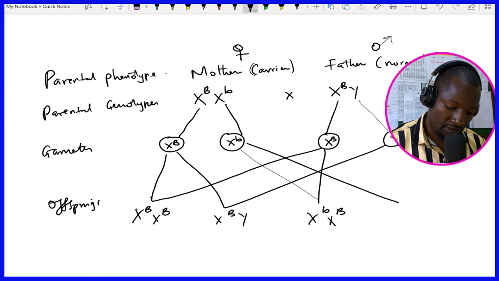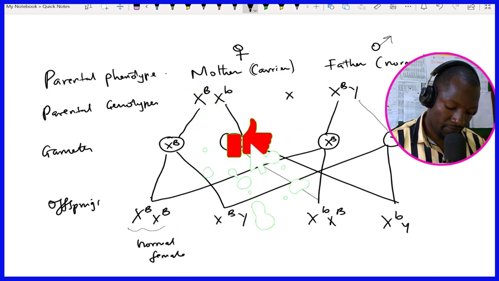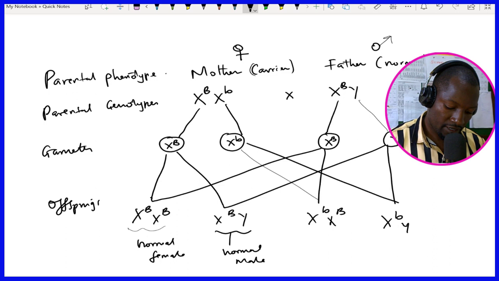And then we shall have this one. So the first one, this one is a normal female. Second one, this one is a normal male. Look at this one. This one is a carrier female.